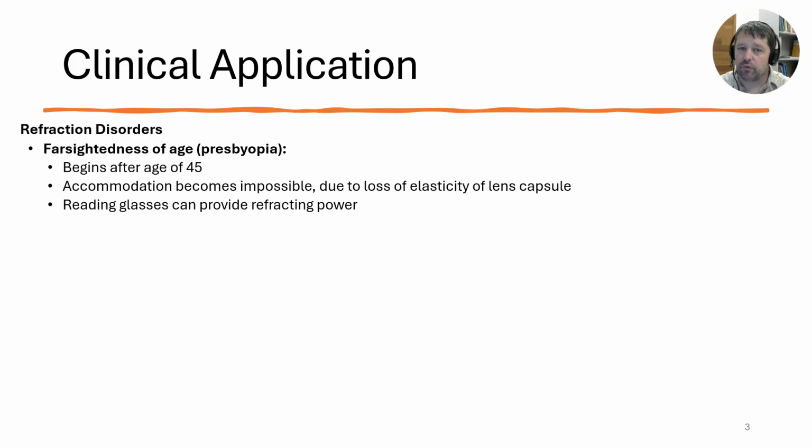When you get older, you lose that elasticity, and so the lens can no longer flex back and forth to change from seeing far away to seeing up close. You lose that power, and so often reading glasses are used so you can focus on fine details, and that will provide the refracting power that's needed.